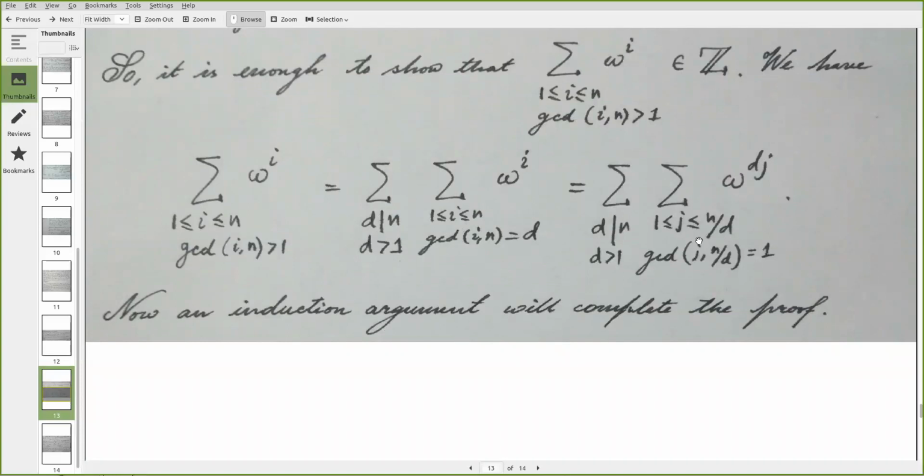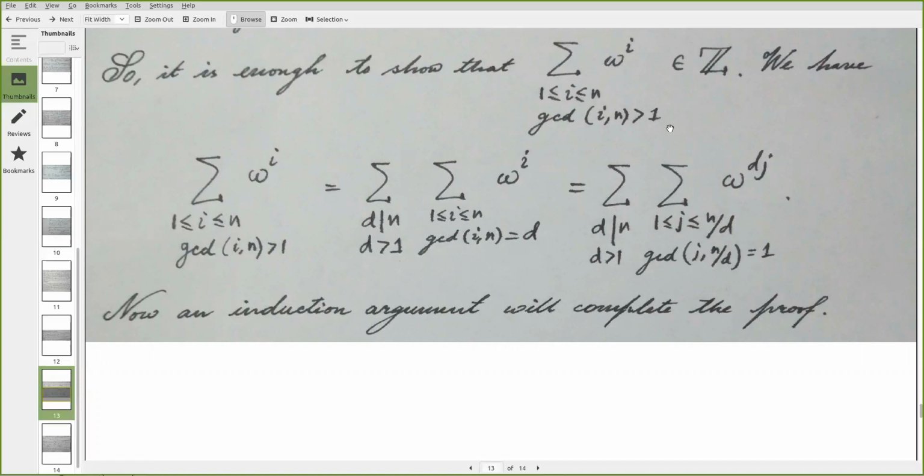So by induction, since n by d is smaller than n, we can argue, and thus each of these terms will be integers. So then so is their sum. So it's a simple induction argument, somewhat combinatorial, where you have to break the sum into appropriate parts.